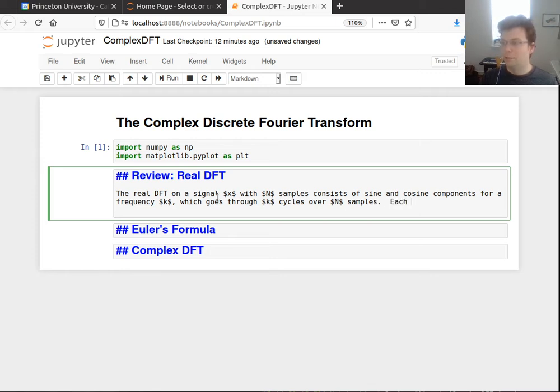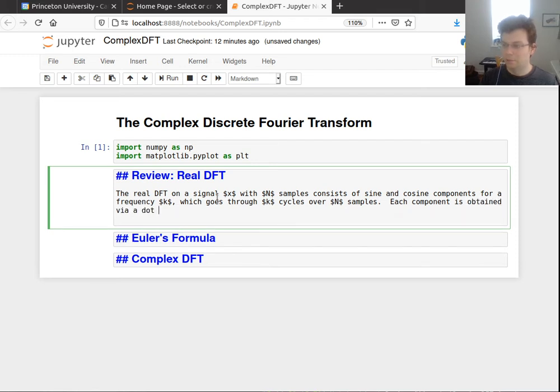Each component is obtained via a dot product, right?